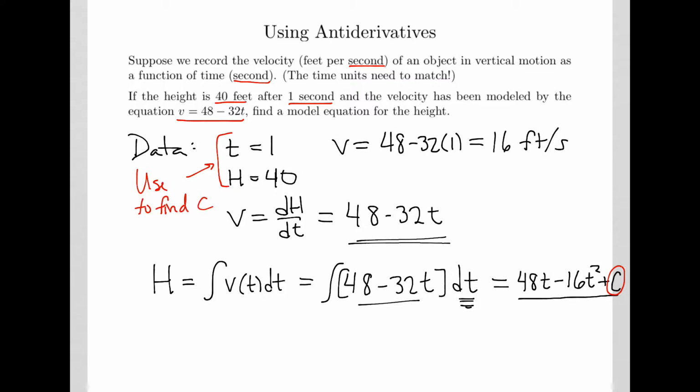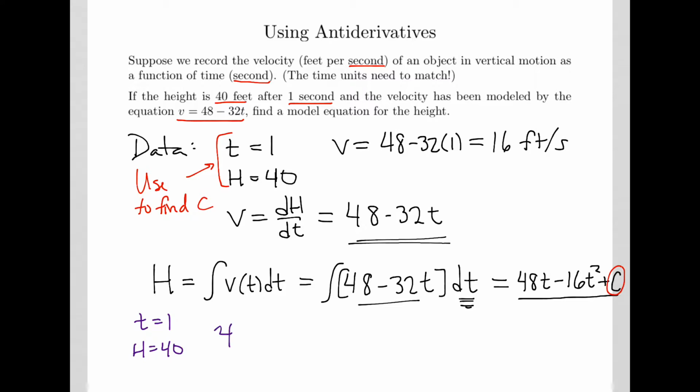All right, what do I mean by that? Well, for our height, we have a formula, and for our height, we have a table. So what we'll do is substitute t equals 1, height equals 40 into this equation.